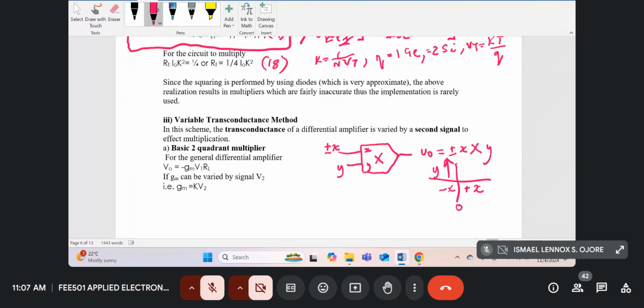So you get results in this quadrant and this quadrant. So let's see how it's implemented.